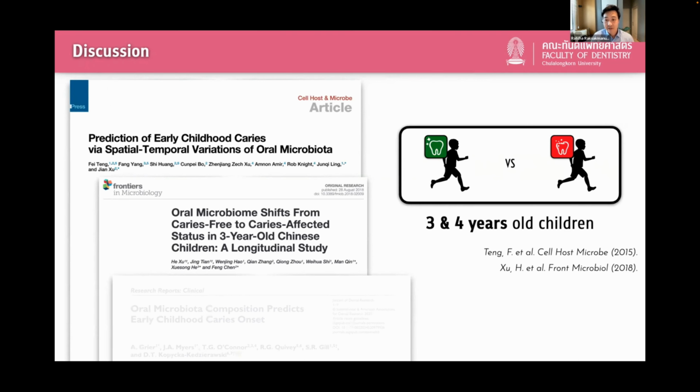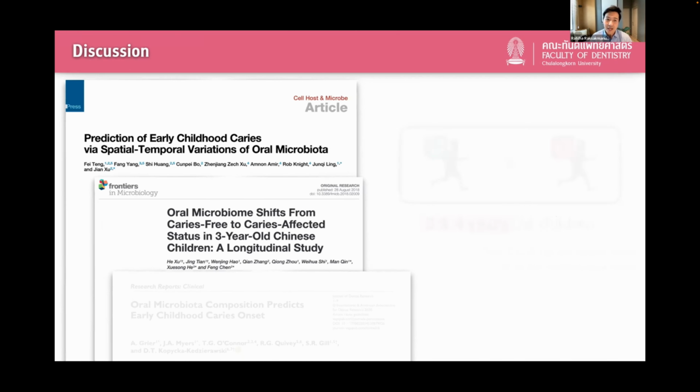This approach is different from our study because we analyzed only the caries-free children who developed caries differently in the future, which is a more direct approach to interpret the predictor in caries-free children. And more than that, they studied 3- and 4-year-olds, and that might be too late for the caries control strategy if we want to reduce the overall prevalence.